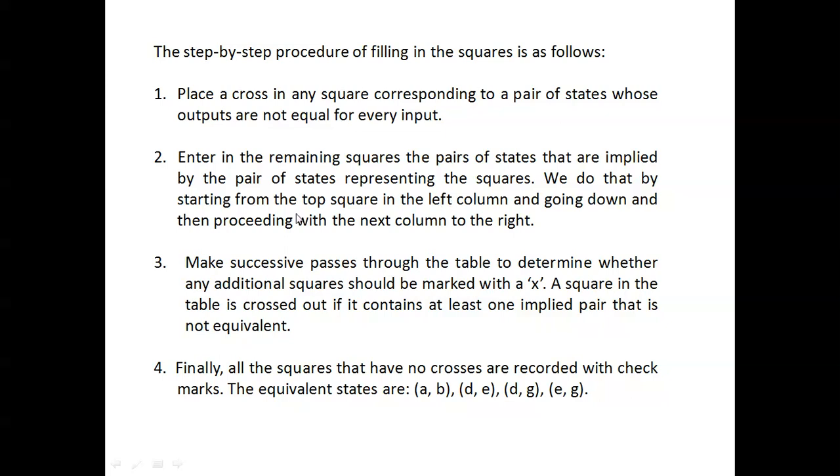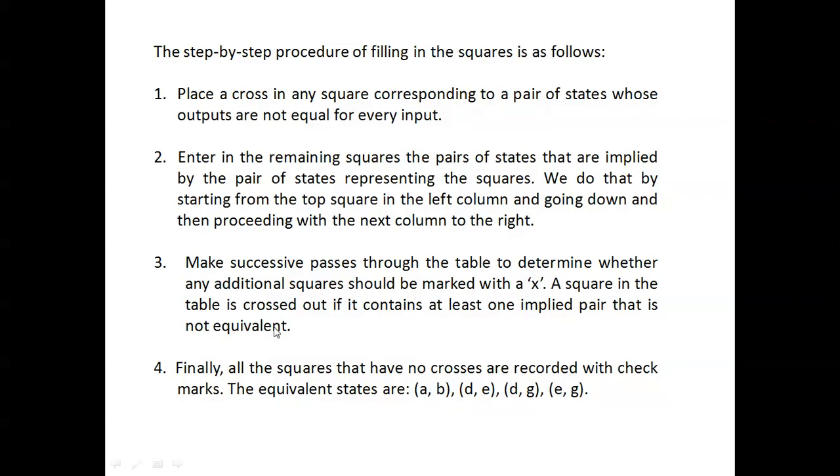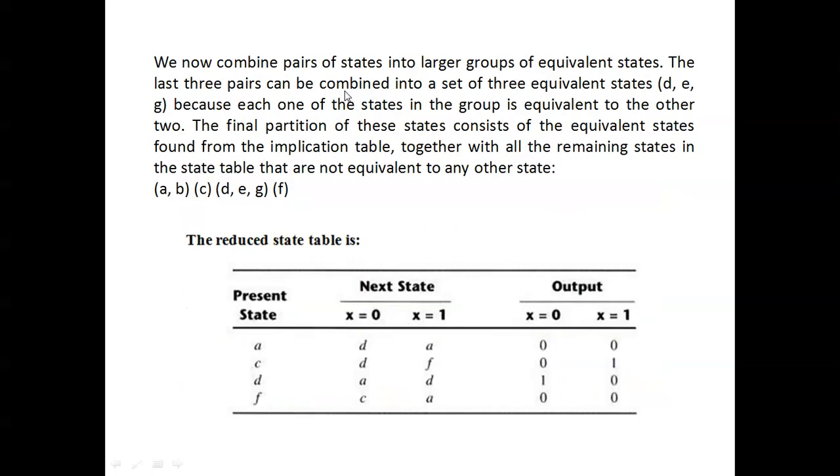We do that by starting from the top square in the left column and going down, then proceeding with the next column to the right. Make successive passes through the table to determine whether additional squares should be marked with an x. A square in the table is crossed out if it contains at least one implied pair that is not equivalent. Finally, all the squares that have no crosses are marked with check marks. These are the steps you have to follow to complete the implication table.